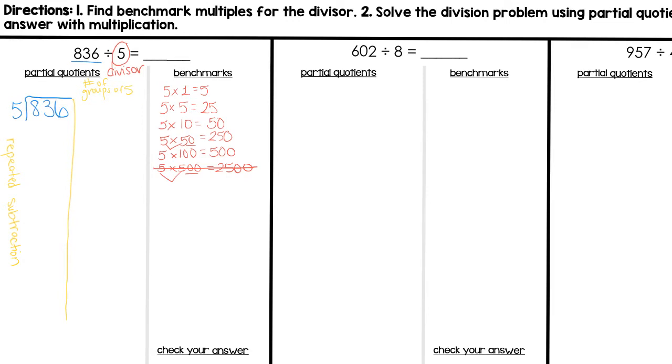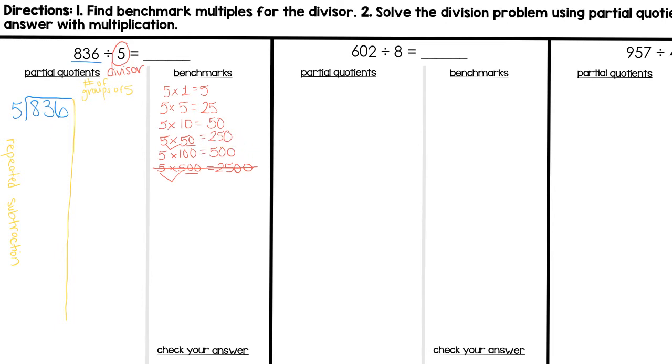So now we have 836. Which of my benchmarks can I take out of 836 that is the largest? Well, 5 is small, 25 is small, 50 is small, 250. I could do that, but that'd be a few times.